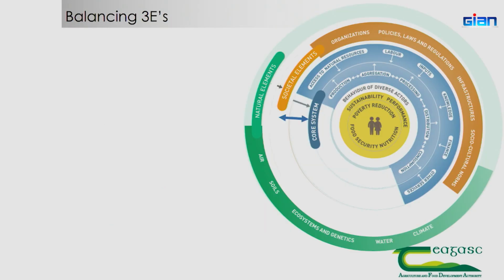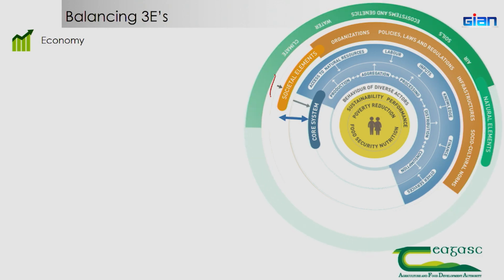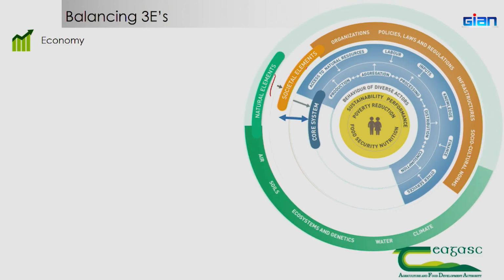Now, the whole story of the food system is in this particular wheel. This is your natural element. Then you have the societal element. Then you have a core system, right? Natural element is related to air, soil, ecosystem, water, climate, and everything else naturally present. Air is renewable, isn't it?